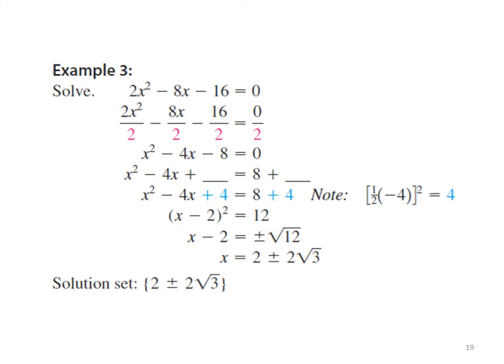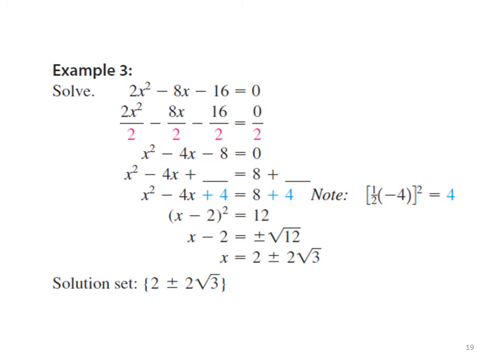The 2 here is just half of the coefficient of x. Once you get to this step, now you can apply the square root property to complete the solution. The square of x − 2 is equal to 12. That means x − 2 is equal to minus or plus the square root of 12. This is just applying the square root property.